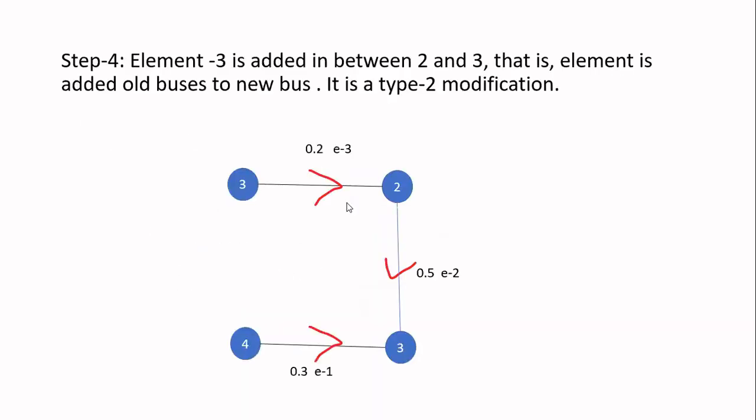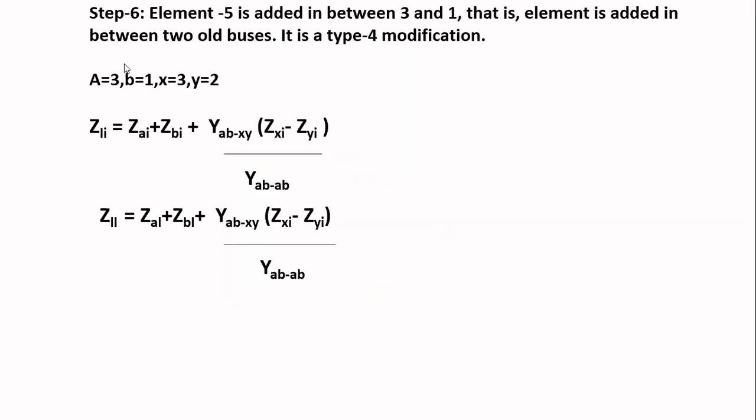What is the difference when the mutual impedance is added? If the mutual impedance is there, by adding this element 5, we follow this type of formula.